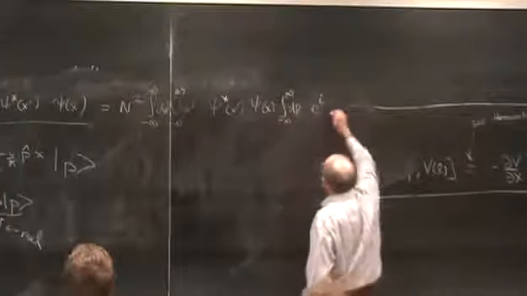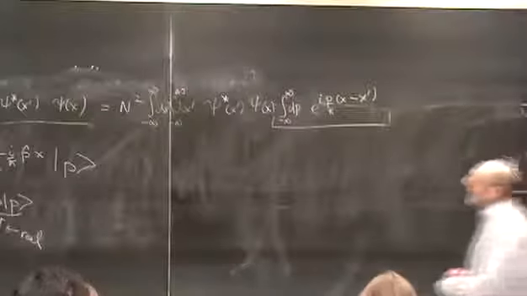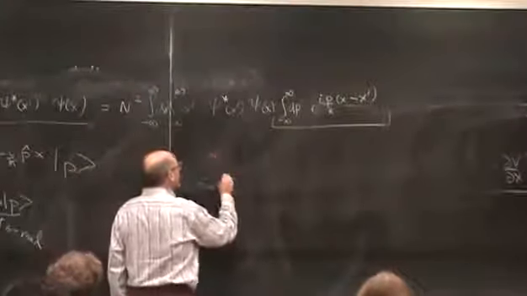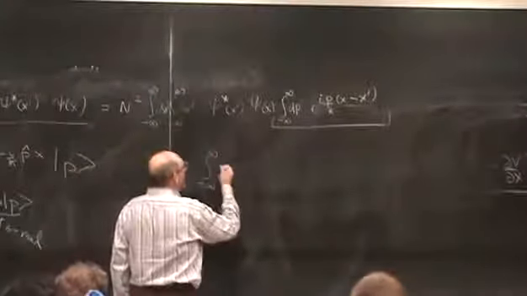Okay, what do we do now? Well, this integral is something that I'm sure you've seen. If I ask you, what is the integral from minus infinity to infinity of e to the i k x minus x prime, what is that? It's the delta function, right?